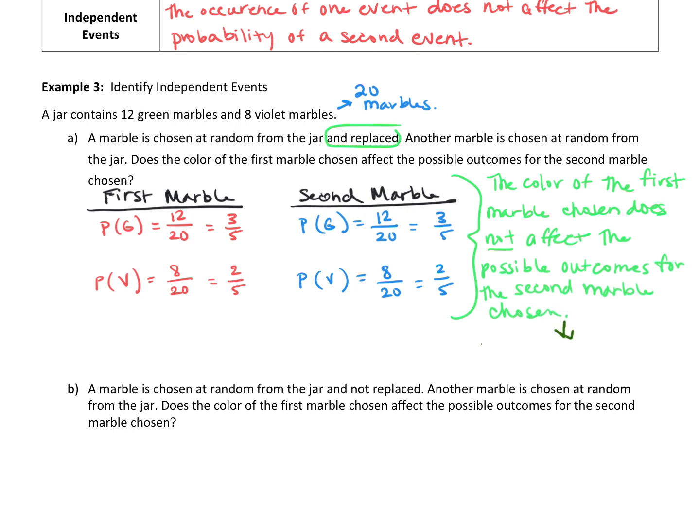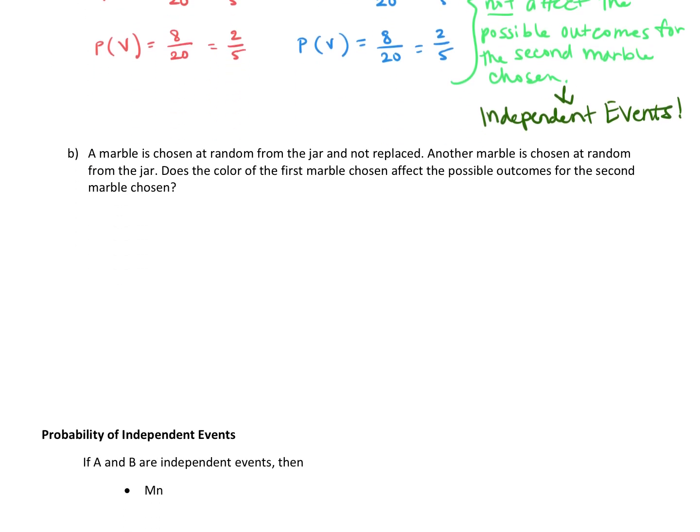So that means that these are independent events. Whatever we're doing with the first marble, because it got put back, does not have any impact on which marble we choose second. Okay, so what would this look like if maybe the events were not independent?